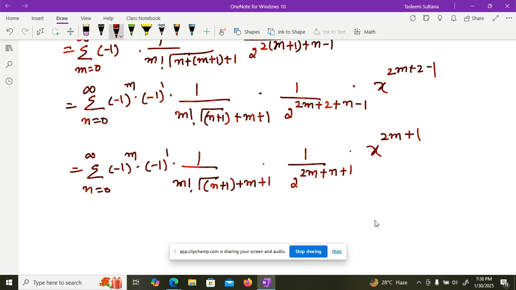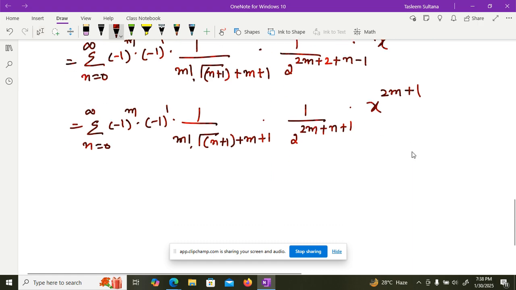Now here you see the power of x, it's missing the n term. So in that case what we'll do, we will add the power n and we'll subtract the power n.